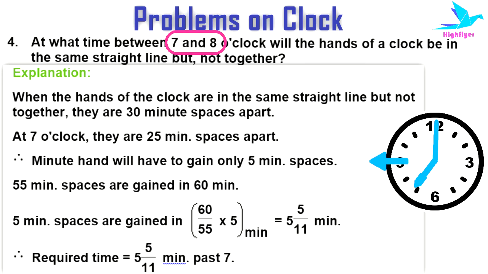Now the minute hand has to gain 5 minute spaces more to be 30 minute spaces apart. As we know, 55 minute spaces are gained in 60 minutes, so 5 minute spaces will be gained in 60/55 × 5. That is equal to 5/11 minutes. So the required time equals 5/11 minutes past 7.